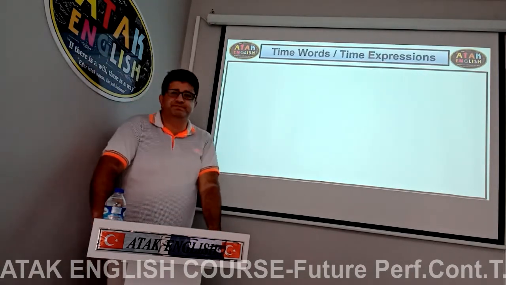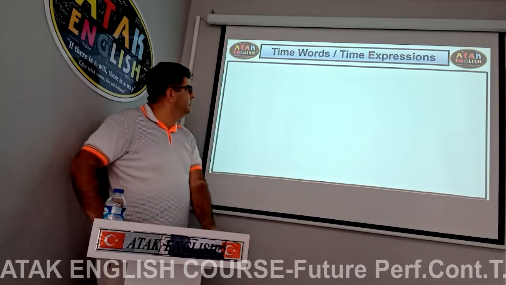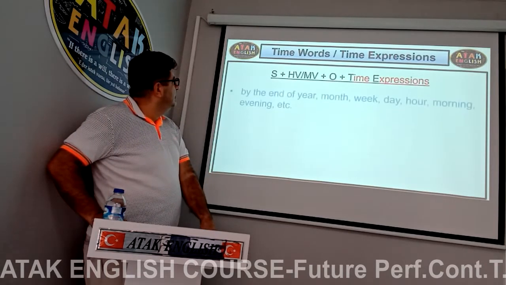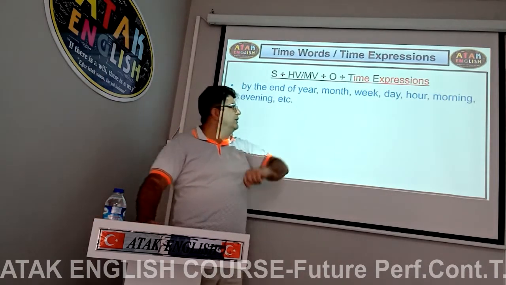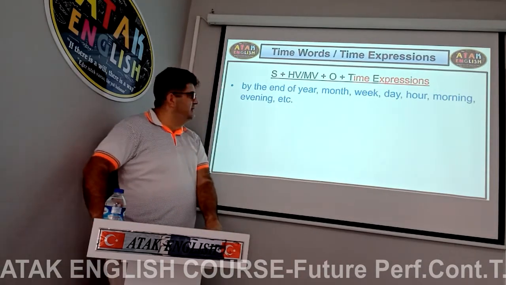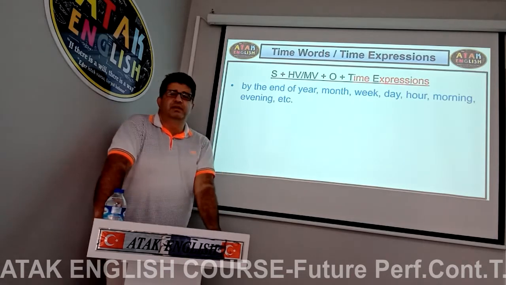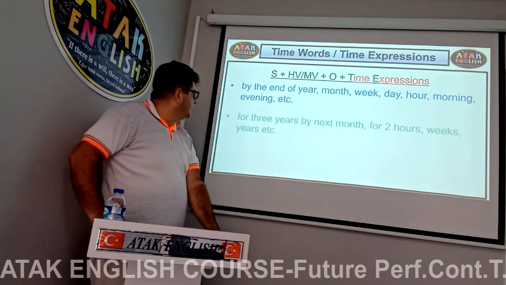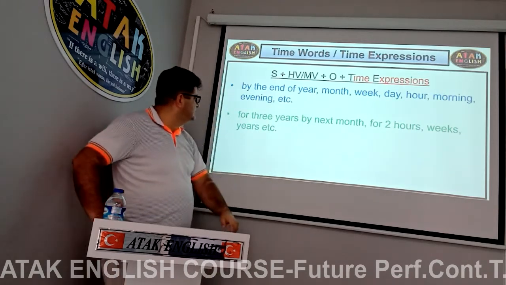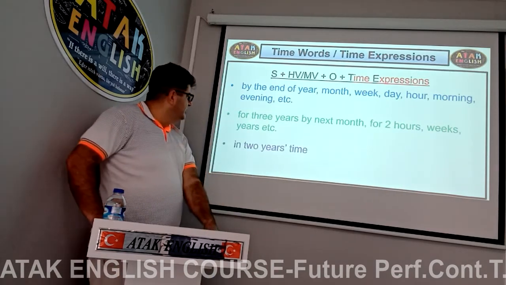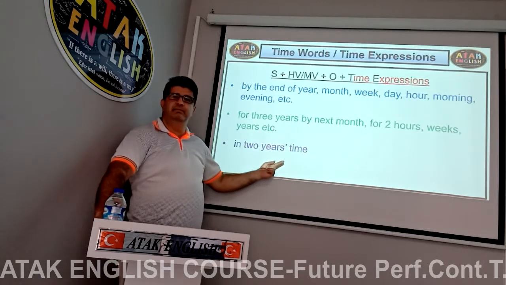Time words, time expressions, important. By the end of the year, by the end of the month, week, day, hour, morning, by the end of the evening, etc. For 3 years, by next month, for 2 hours, weeks, years, etc. In 2 years' time, I can also use.